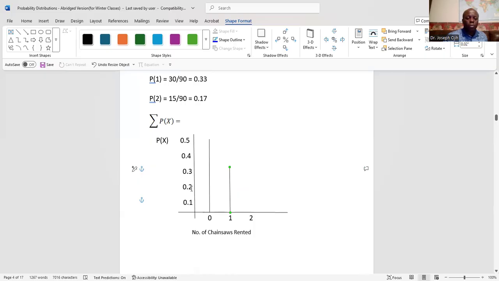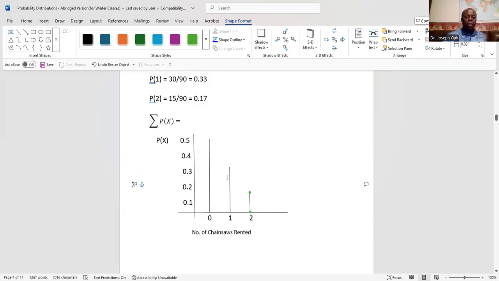This is 1. This is 2. Halfway is 0.15. So 0.17 should be around here. So I'm going to use this and draw it. Oh, excuse me, I got to make it on the 2. Okay. 0.17. Okay.